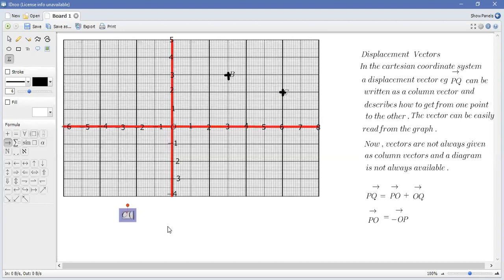So C equals 6, 2. 6, 2. Thank you very much.